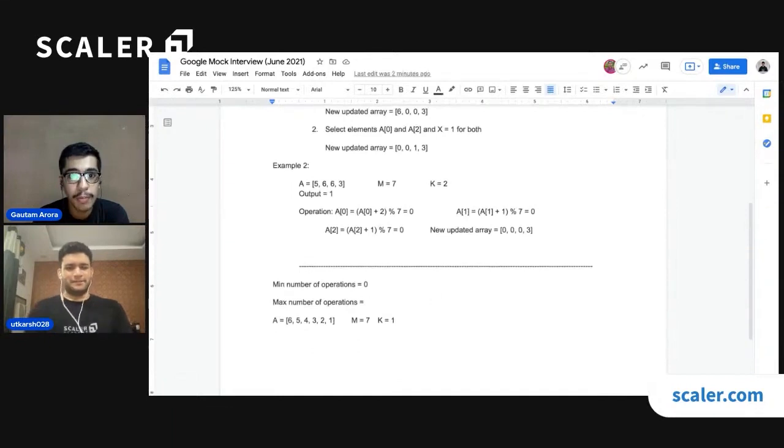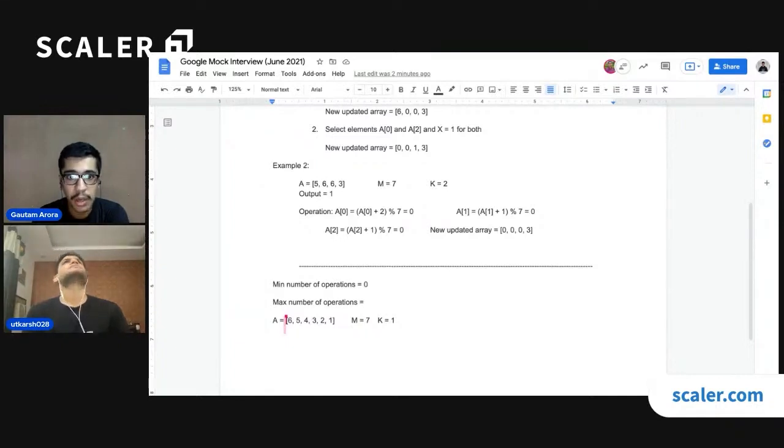So the maximum number of operations: if we can pick any number of elements in the array in one operation, let's say the array has length 6, and these are the elements. How would it be to pick only one element so as to increase the number of operations?